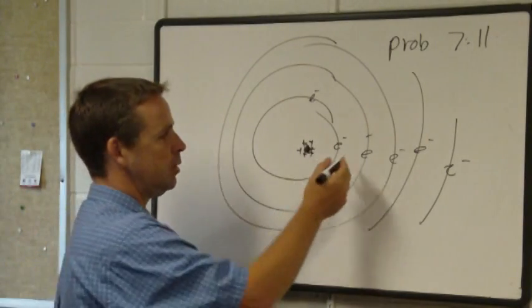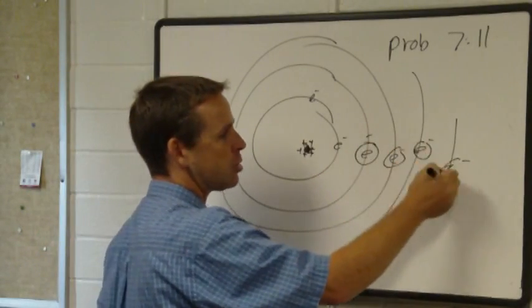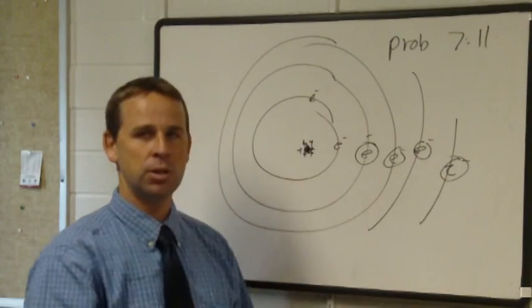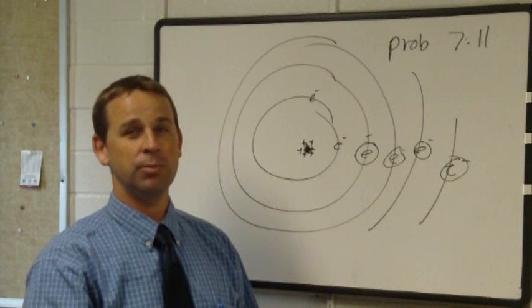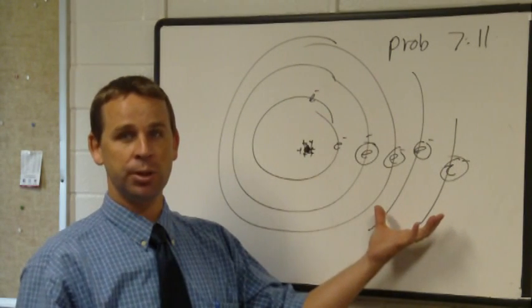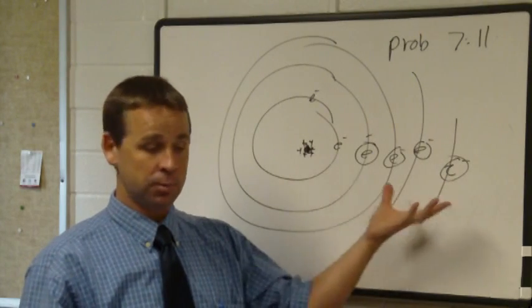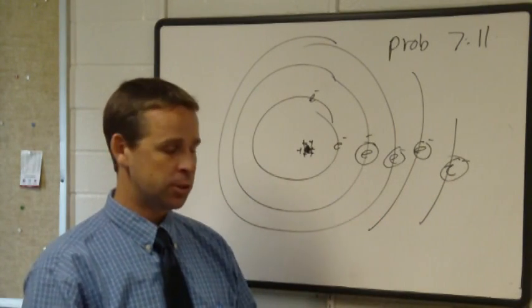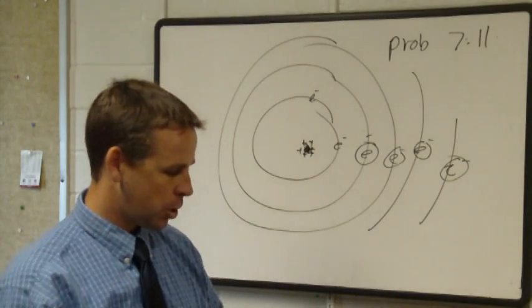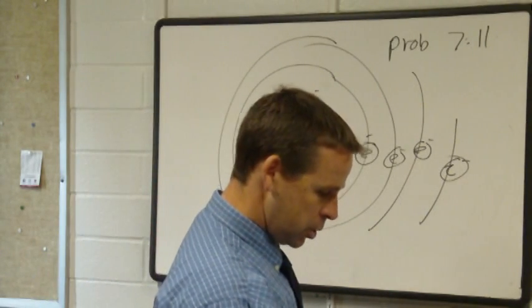Effectively, these outer electrons don't feel as much of a draw as the innermost electrons do. So that's one way of saying the actual nuclear charge that they feel, or another way we say it is the effective nuclear charge. So that's what's meant by the term, and hopefully you can put that into words there.